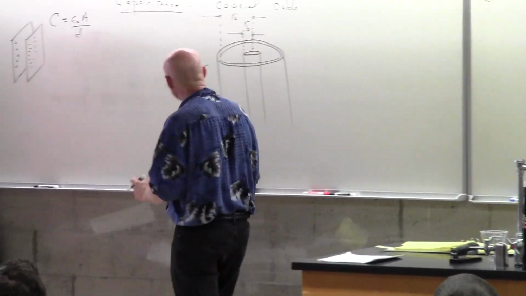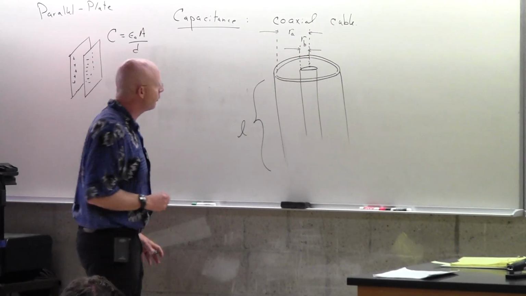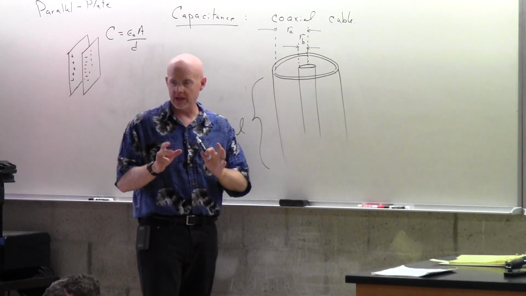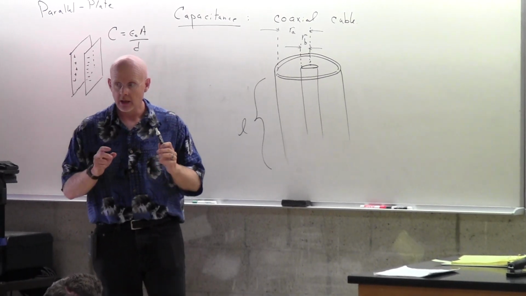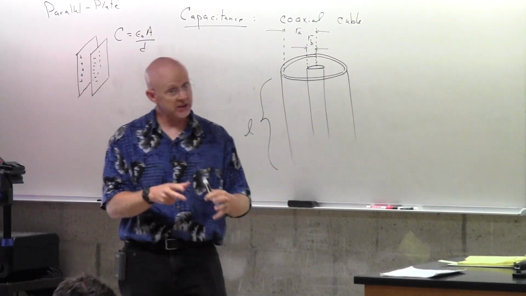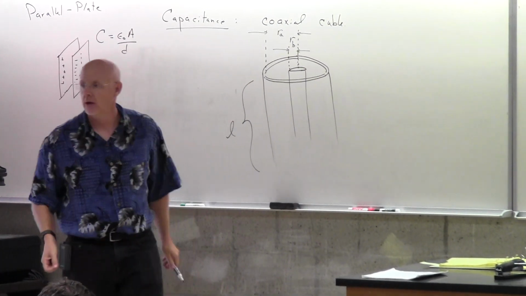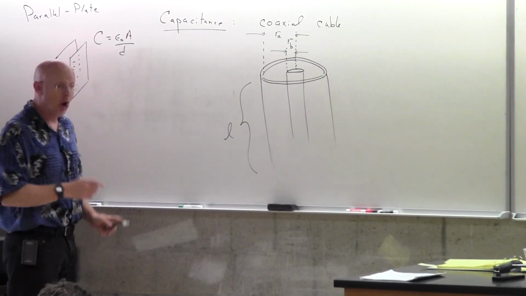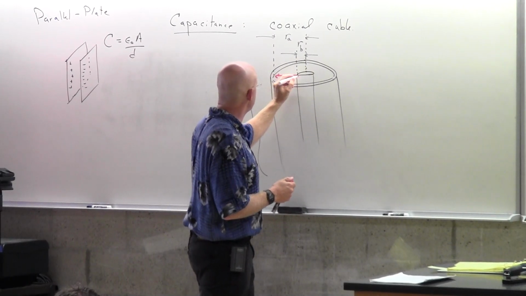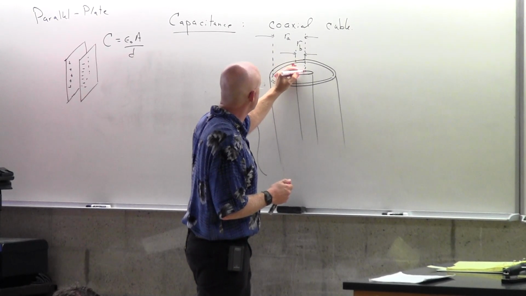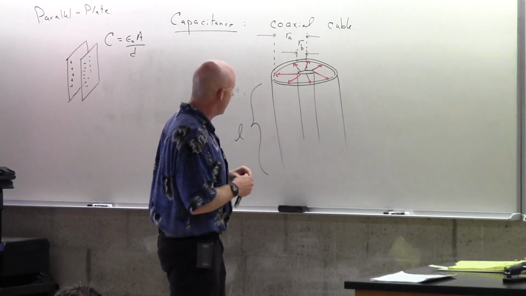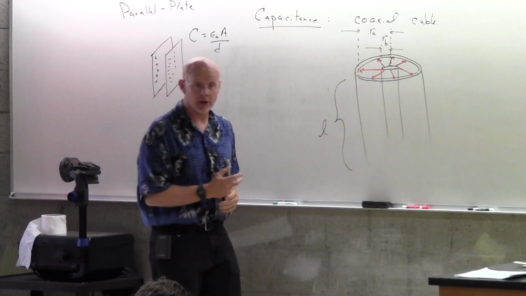There's an inner radius and an outer radius, and I should be careful too. The outer radius right here really probably needs to be said better. It is the inner radius of the outer conductor, right? Because the outer conductor also has some thickness to it. But hopefully you get the physical picture that there would then be an electric field that would be radially outward.